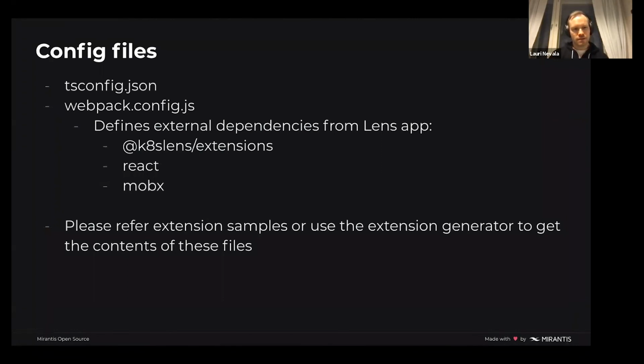And the story behind that is that in that way, Lens will have the same version of React running in the Lens app itself and in your extension, and only one MobX instance is running when the Lens app is running. If there are multiple versions or instances of MobX, it won't work. So this way we ensure that MobX is loaded only once.